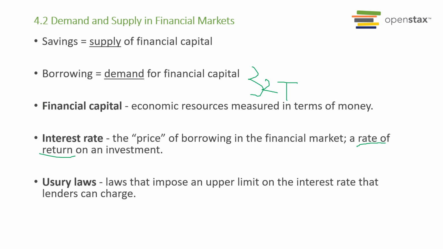Also, some companies give out loans if you give them your car title as collateral, right? The interest rate in that industry in some states is regulated by the government. So the government actually puts an upper limit on how much interest those companies can charge consumers.